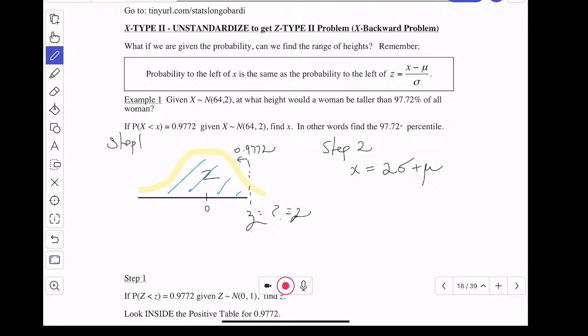I put in symbols what I was saying in words. 2 standard deviations from the mean. And now that's how I get x. I plug this in. X equals 2. Sigma is 2. And the mean is 64. This gives me 68 inches. And that is my answer.